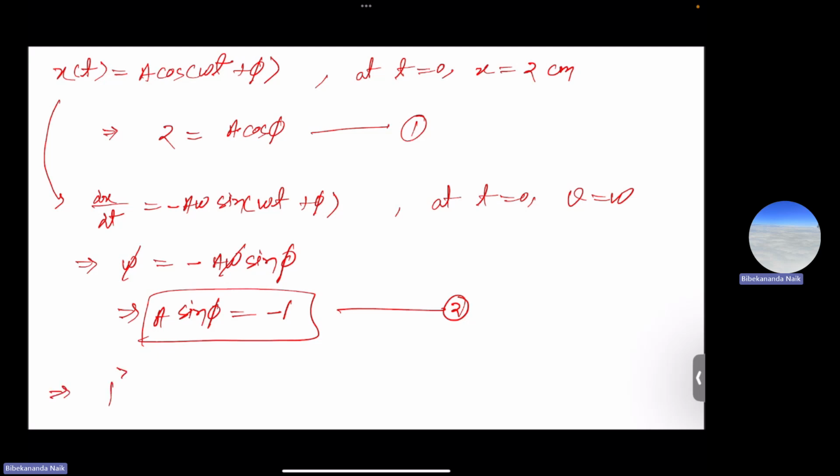So squaring and adding, it will give you a square cos square phi plus a square sin square phi equals 4 plus 1, which is 5. So we know sin square phi plus cos square phi equals 1.